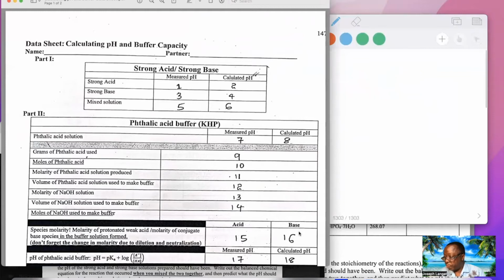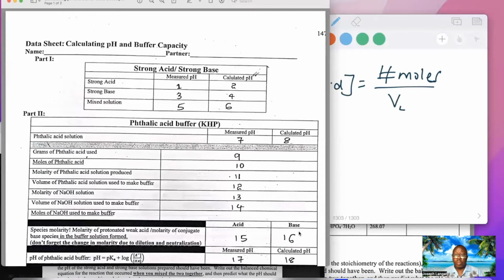For number 15, the concentration of the acid is given by number of moles over volume in liters.